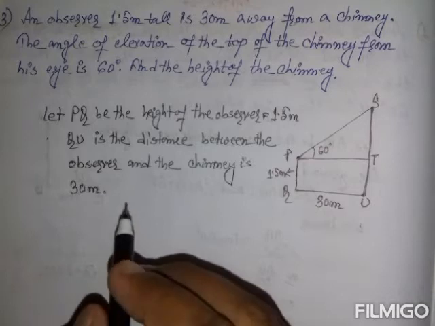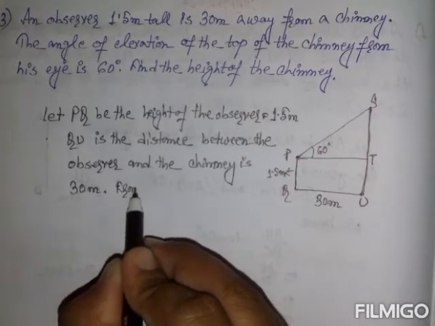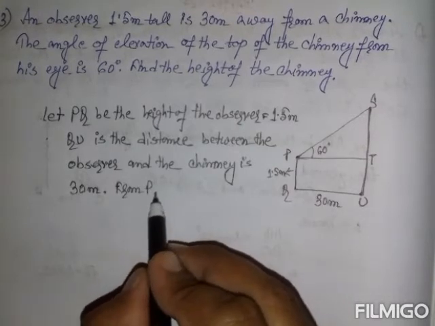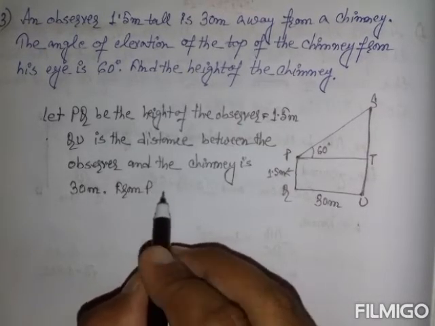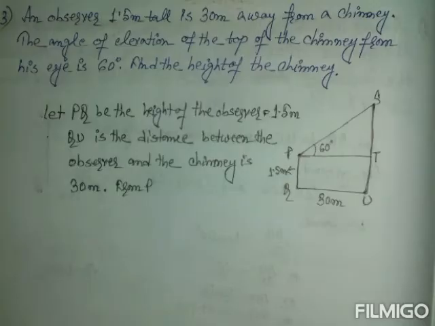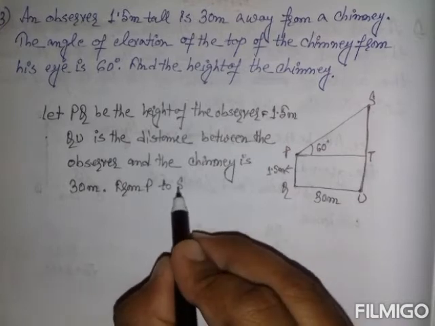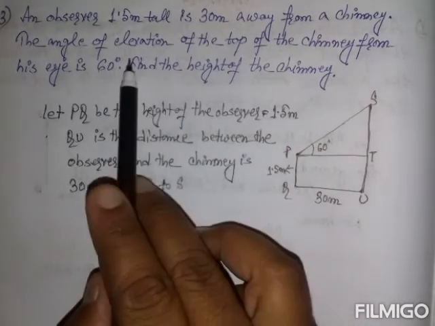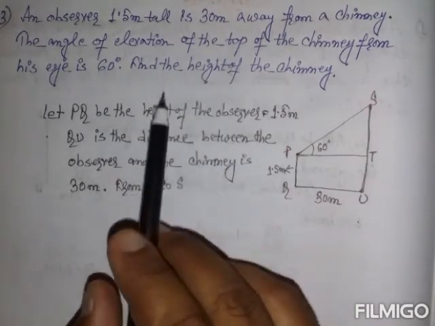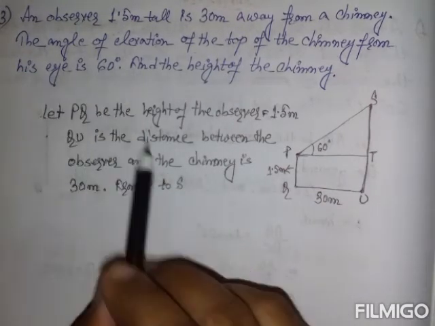Okay, from P to S, there is the elevation of the top of the chimney from his eye, which is 60 degrees.